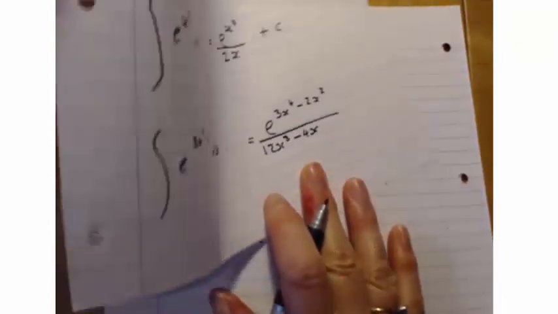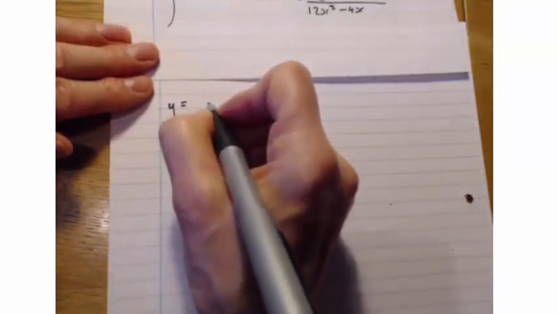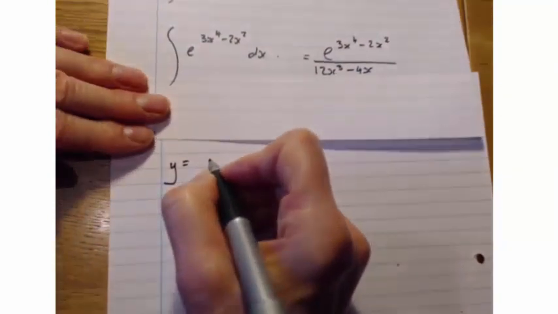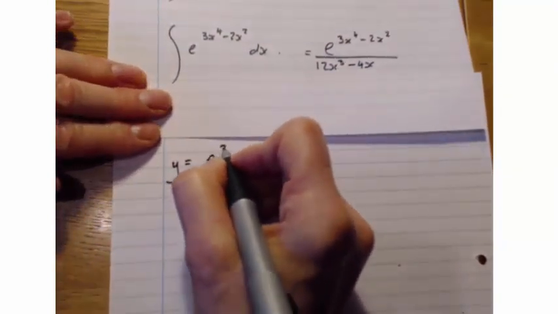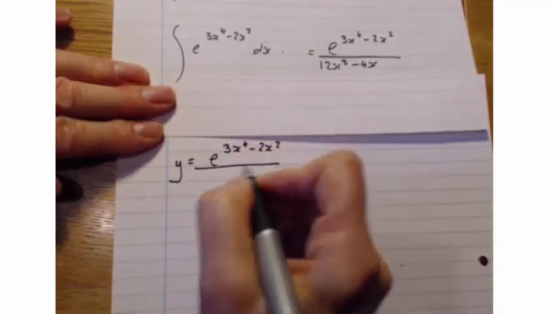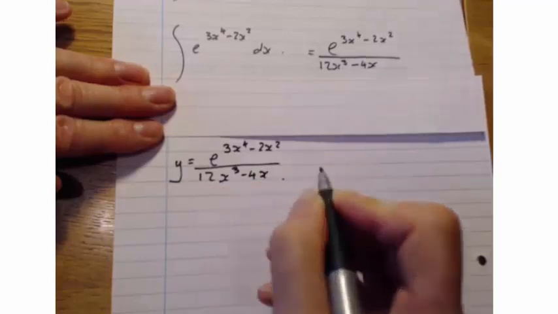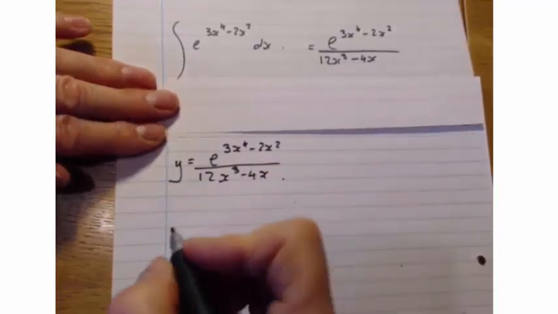And finally, let's just make sure that that works. So supposing we wanted to go the other way round and say we wanted to differentiate this. You don't have to do this. This is just proving that it works. Minus 4x. So what do we do when we're differentiating the e function?